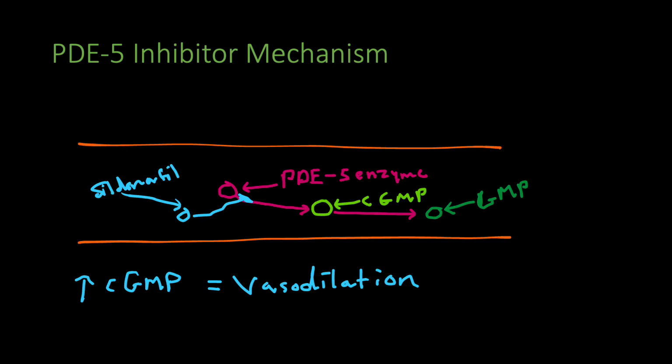As shown here, they block the PDE5 enzyme from breaking down the cGMP signaling molecule to GMP. Because what does cGMP do? It increases vasodilation. That's pretty much all it does, so we block that enzyme from breaking down the cGMP.